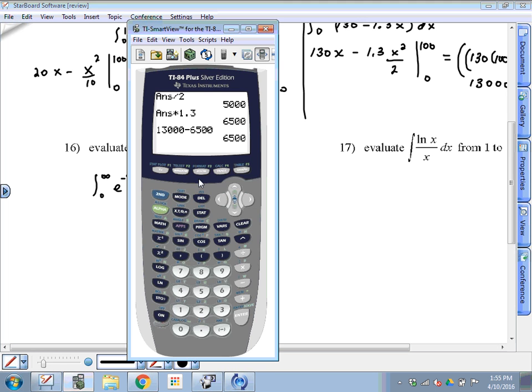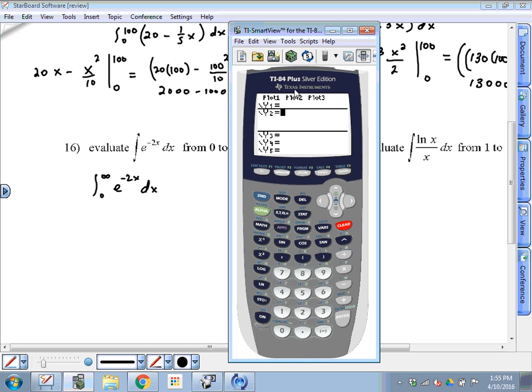Now just so you have an idea of what this graph looks like, starting at 0 to infinity, we're trying to find this area.